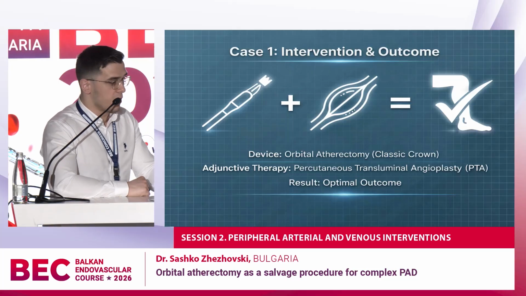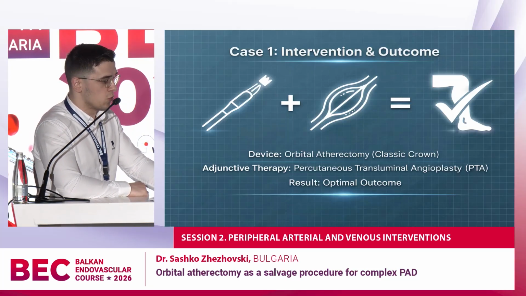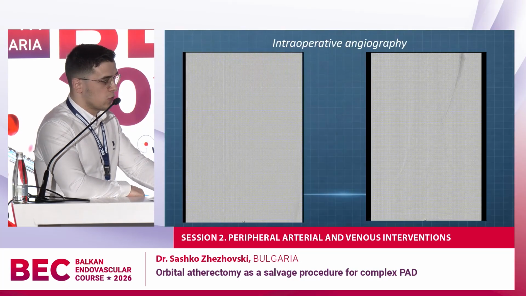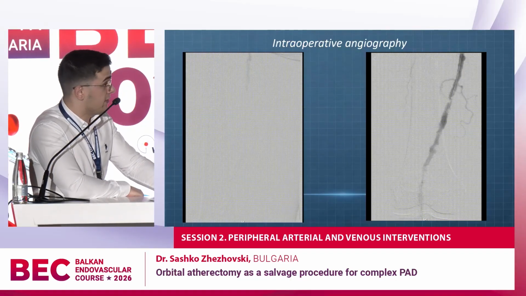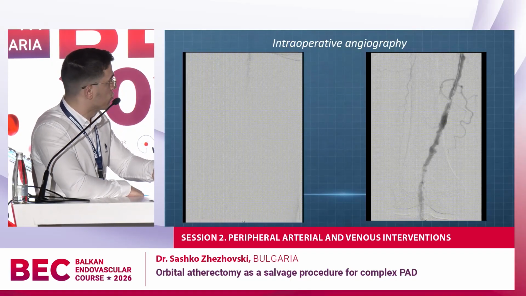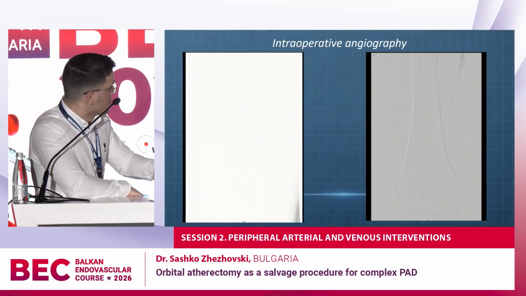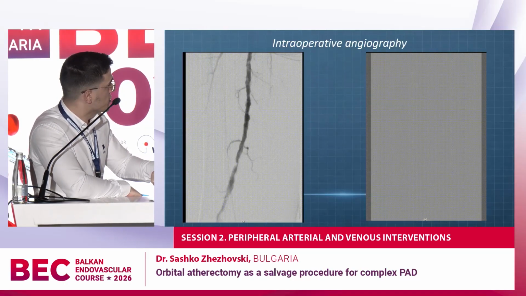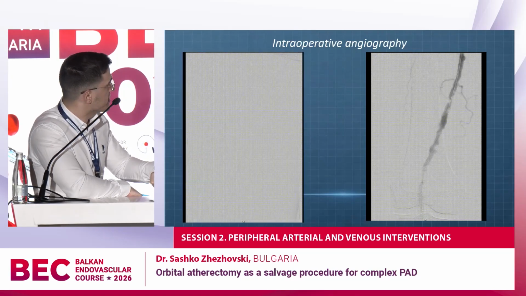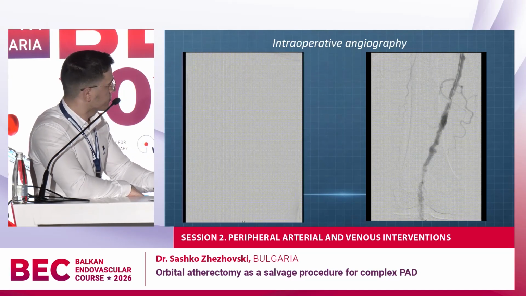We made the decision to buy this device with her consent and to perform the procedure. You can notice the intraoperative angiography, after we managed to somehow recanalize the superficial femoral artery. The multisegmental stenosis you notice is entirely comprised of calcium.